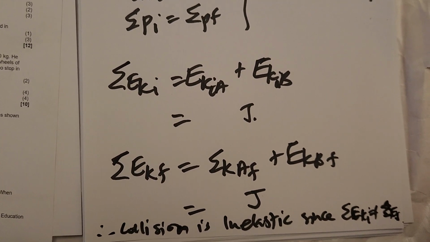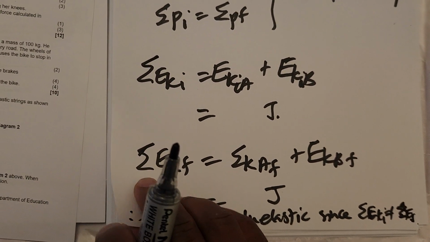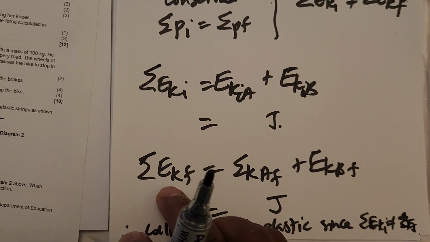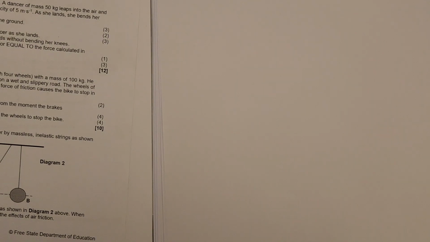Yeah, that is how you do the collisions here. If you want to prove that a collision is elastic or inelastic, you use kinetic energy. You will have to determine whether it is conserved or not conserved.